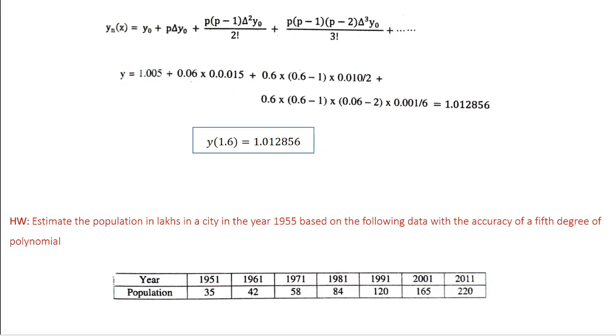So the next question is how to do this interpolation using Python programming platform. Okay. So in the last class we have discussed the Python program for finding the difference table. In this program also, half the problem is about finding the difference table. So we already know that.